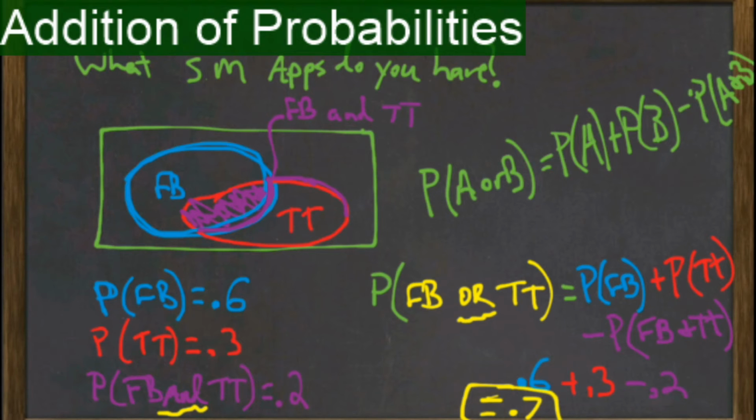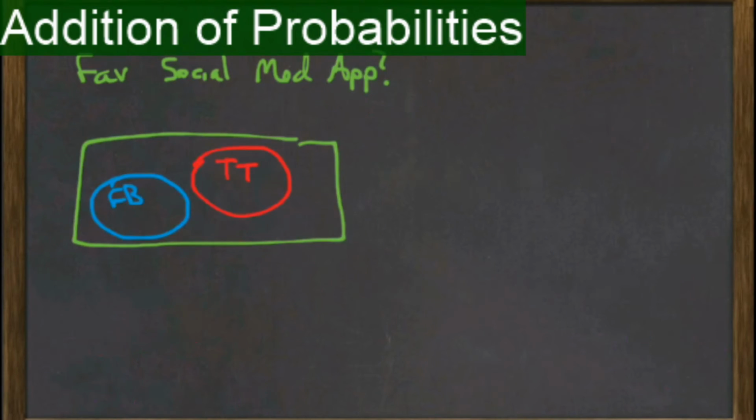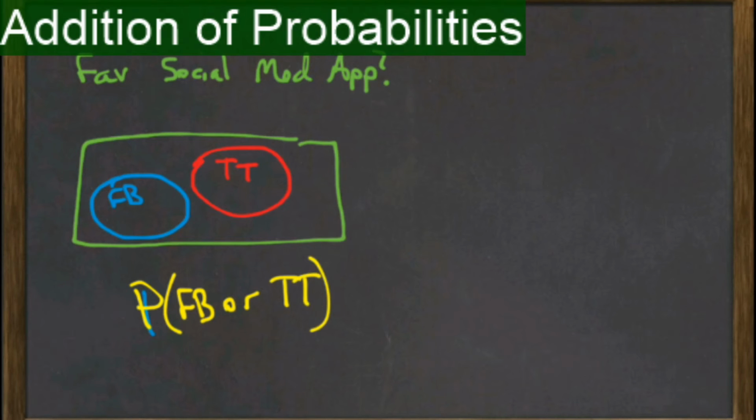So we're going to jump back to the other question where we asked, what is your favorite social media app? Now, there's no ability for overlap here. So what's the probability of Facebook or TikTok? But remember, this is a different survey question that we've asked, so we don't have the overlap anymore.